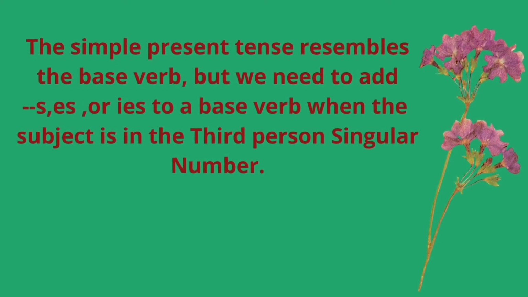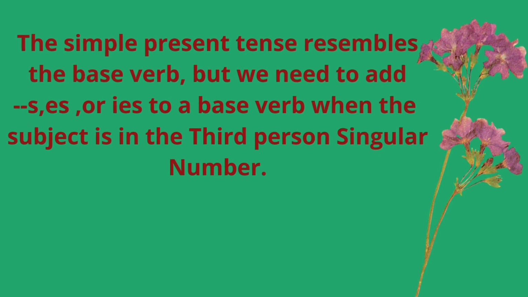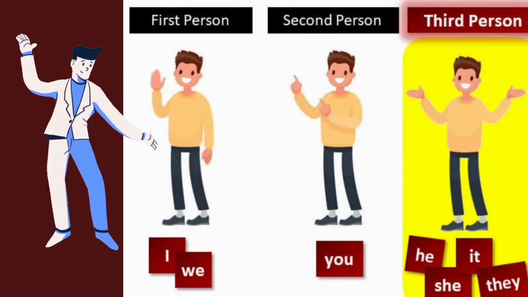The simple present tense resembles the base verb, but we need to add s, es or ies to a base verb when the subject is in the third person and singular number. So I think students, you have noticed that in some places I have added s, es or ies after the verb. Why is it so?